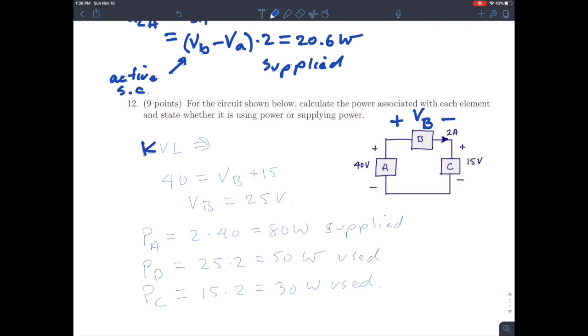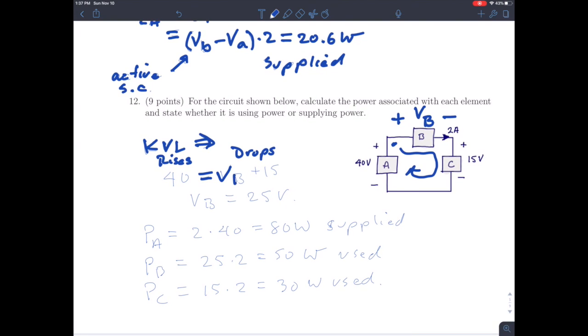So what we do is Kirchhoff's voltage law. All right, so we're going to do rises on one side and drops on the other side of the equation. Okay, so if I start right here and I move in a circle like this, if I move across that loop, I would have a drop of VB.